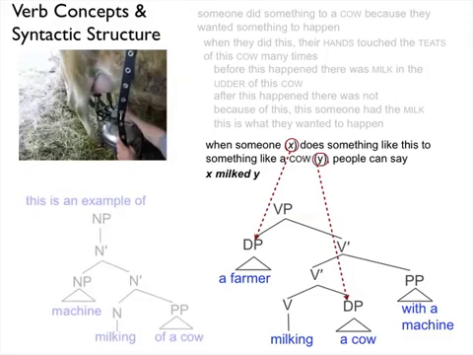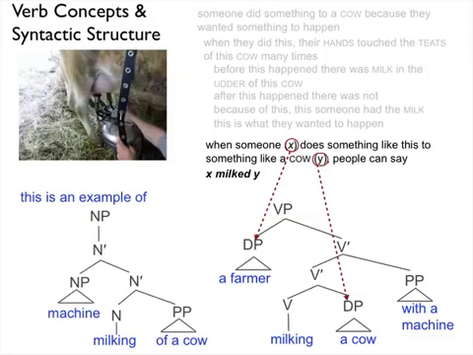And then we can keep that all constant if we turn it into an NP: milking, a farmer. A farmer milking a cow with a machine would fit fine in something like, I saw a farmer milking a cow with a machine.